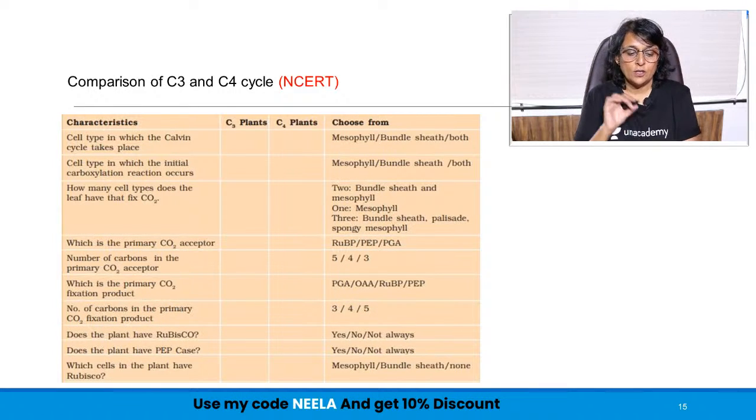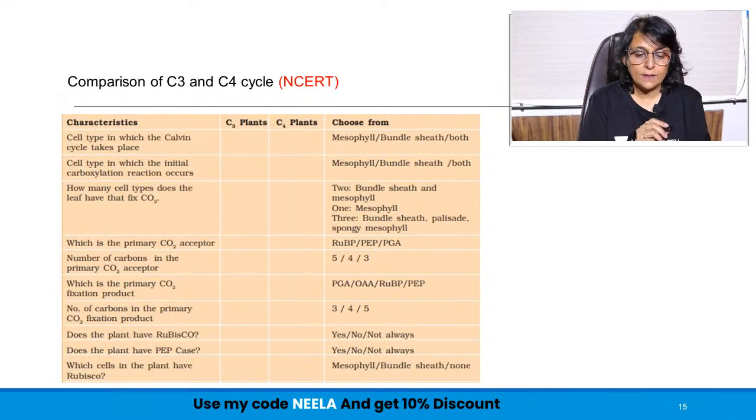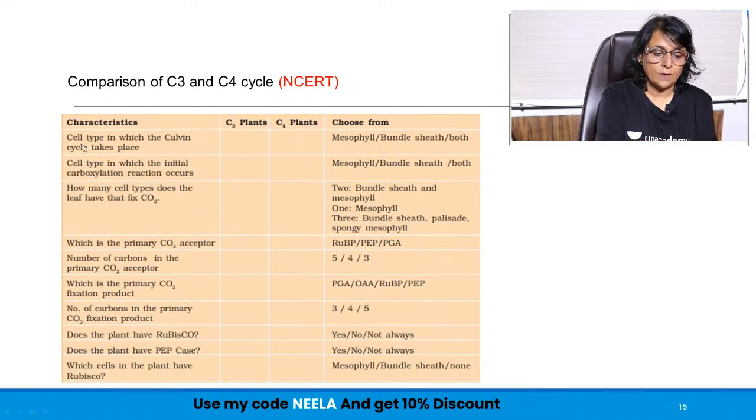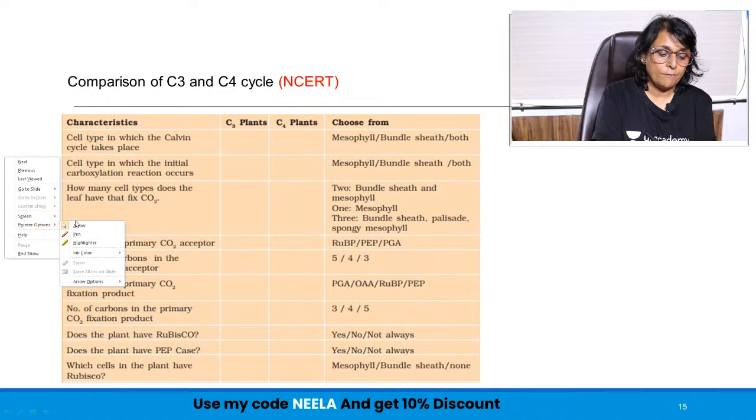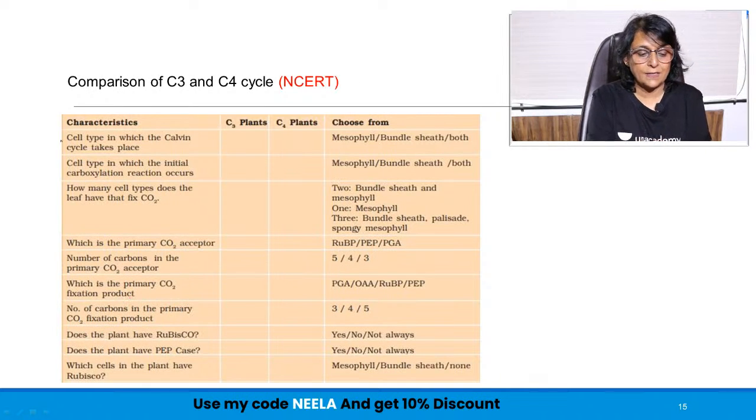So what we'll do is we'll fill few boxes and the other boxes will be homework for you. I'm going to do couple of boxes with you. Okay, let us start with the first one. What we did was our way of comparing C3 plants and C4 plants. Here we will do what is given in NCERT.